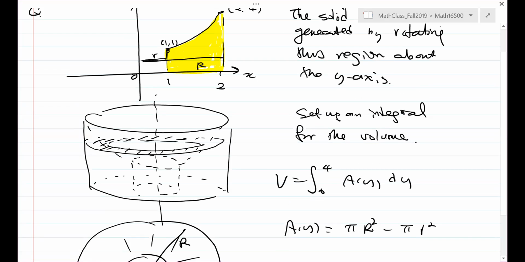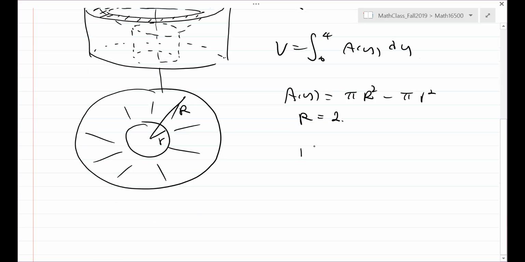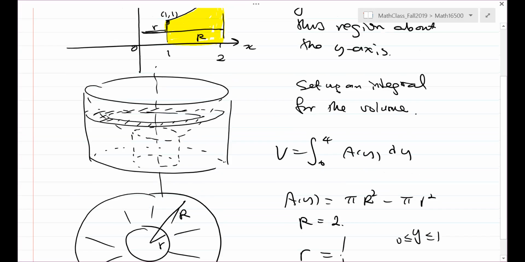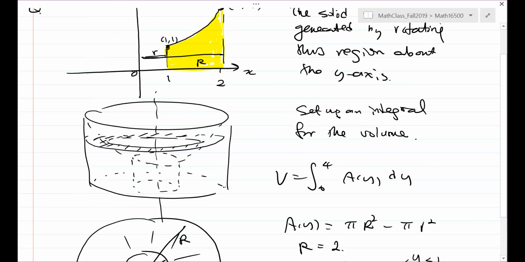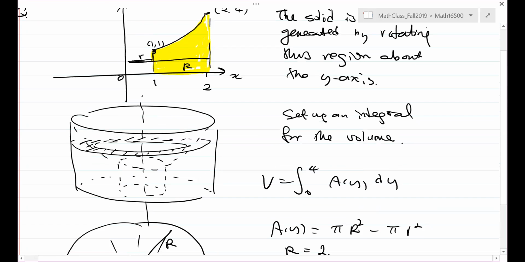So the capital R is 2, clearly. But the little r depends on the y value. If the y value is between 0 and 1, the little r is constant, 1, right? But this is an arbitrary point on the curve, x and y.